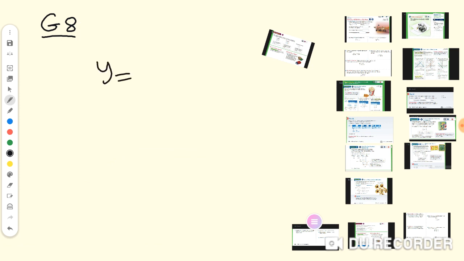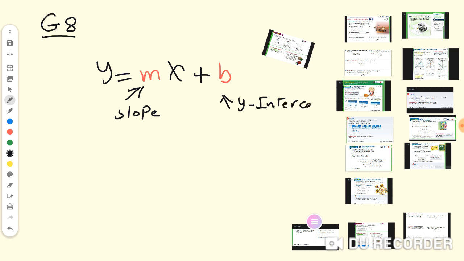y equals mx plus b, where m is the slope and b is the y-intercept. The part cut from the y-axis is called the intercept.